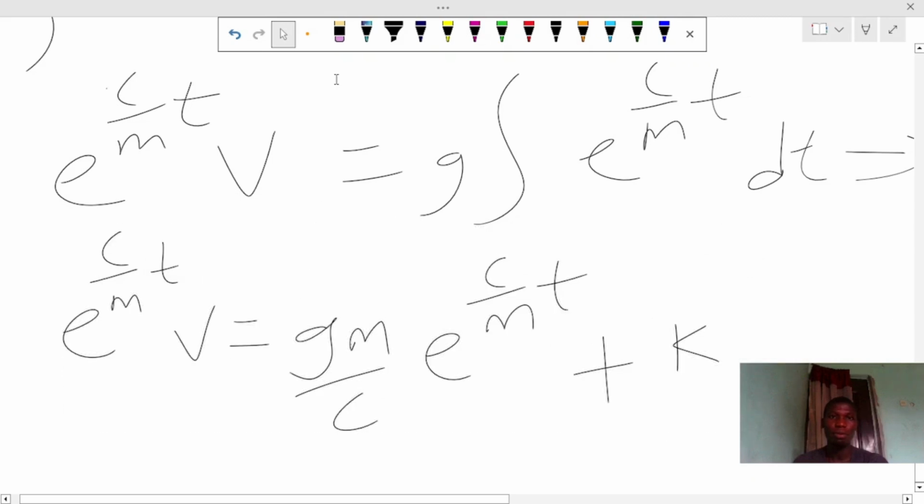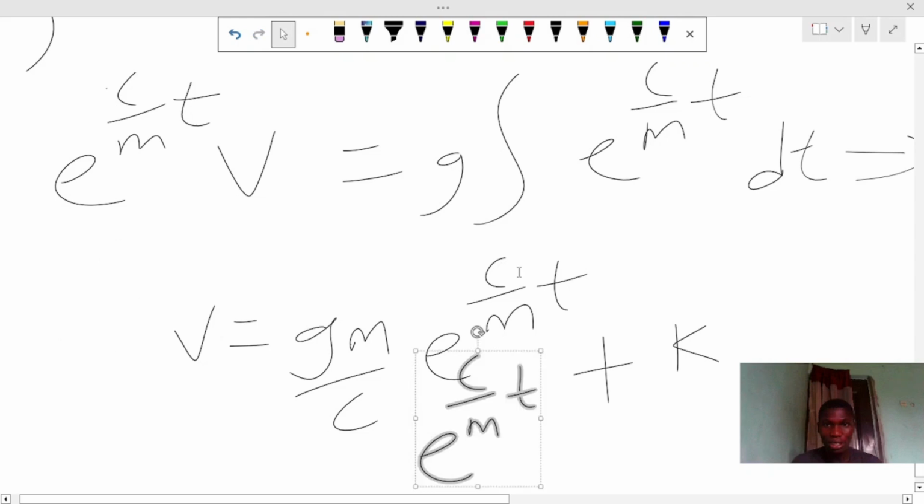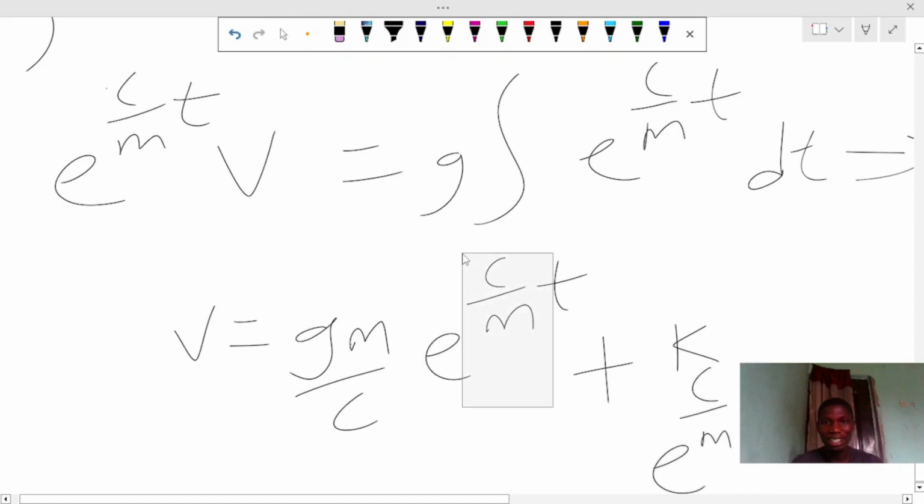When we divide through by this, it's going to cancel out there, and it's going to be here, and we'll bring it here, it will cancel out this other term. Just like you divide through now.